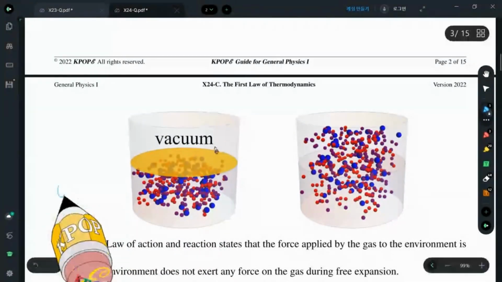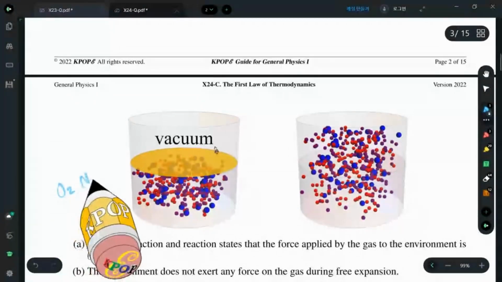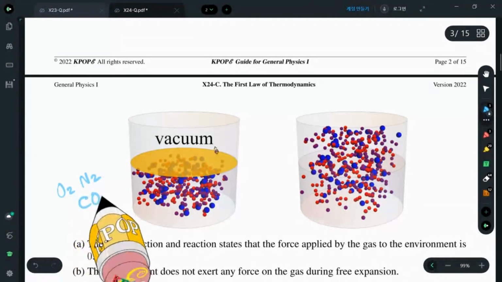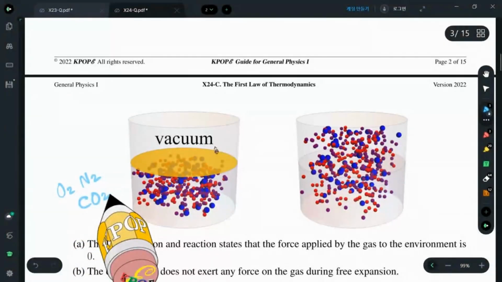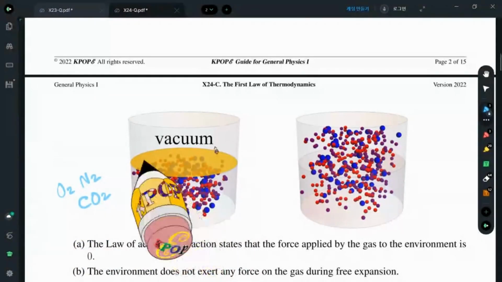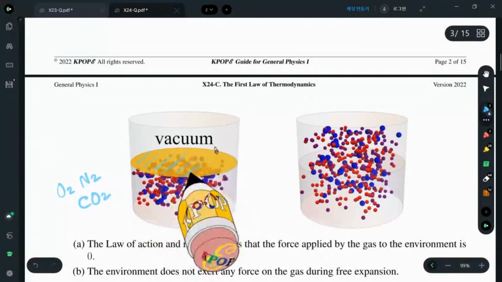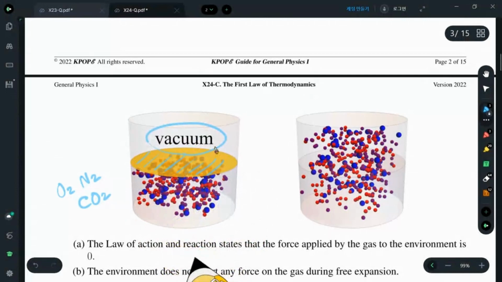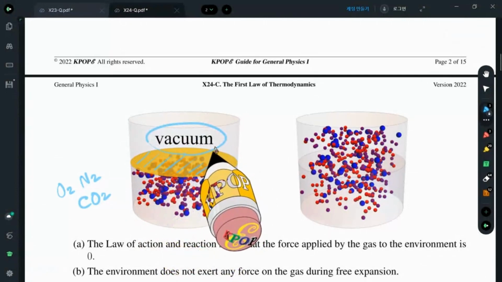Instead, we have oxygen, nitrogen, and so on. We have a partition, and the other side of the container is in vacuum.